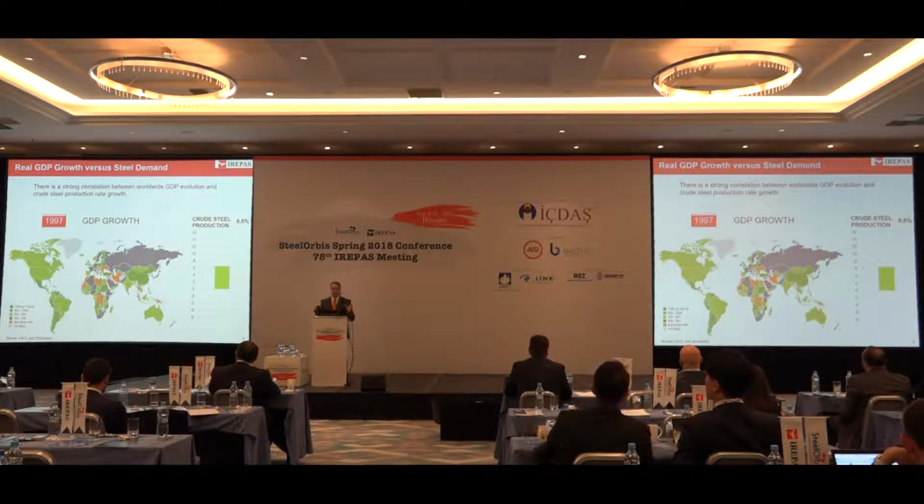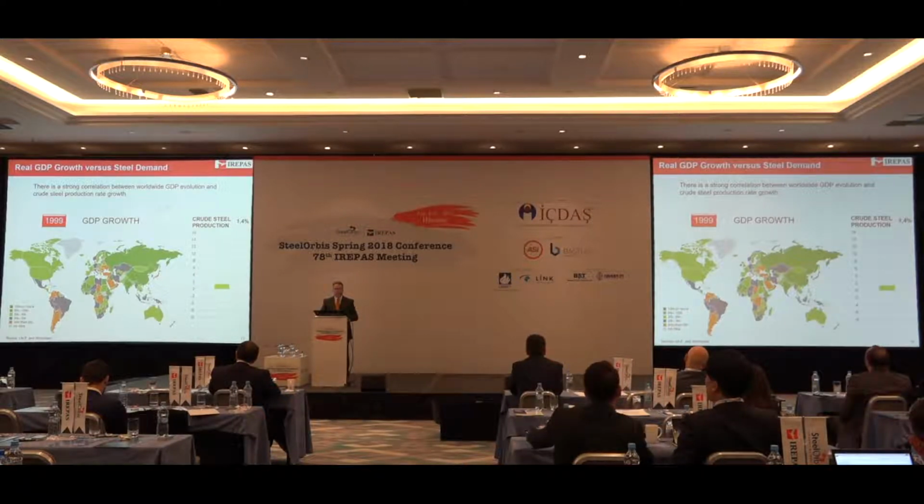So you can realize that when the green color is the predominant color all around the world, the crude steel production increased. In 1998, we have a small decrease of minus 2.6% in the crude steel production that anticipates some problems that we had in some countries in 1999, where you can see that, for example, South America and Mexico decreased their growth in this year.